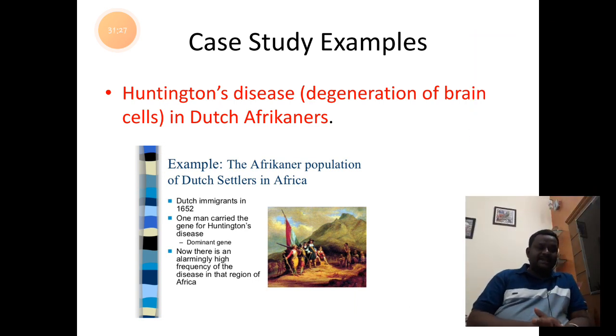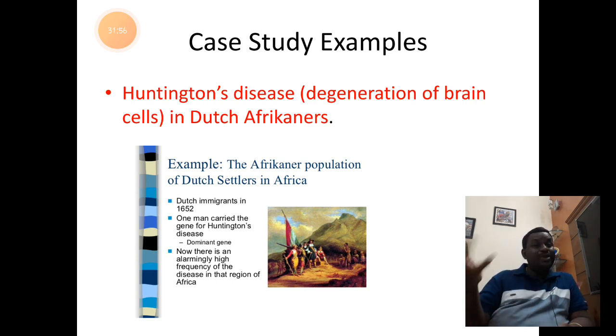Next case study example is Huntington's disease in Dutch Afrikaners. Huntington disease is a disease related to degeneration of nerve cells in the brain. It was commonly seen in Dutch people who settled in Africa. This race of people are called Dutch Afrikaners.